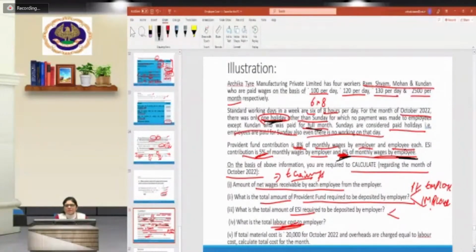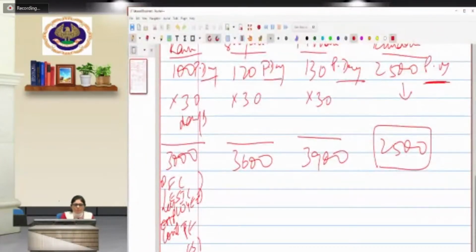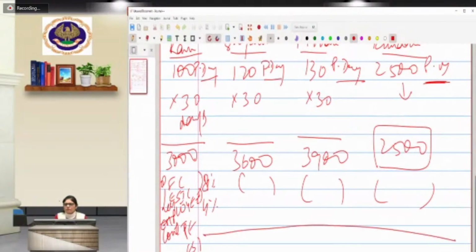So 8% and 4% of the monthly wages will be your contribution. So minus 8% of 3,000 and 4% of 3,000. So PF is 8% and ESI is 4%, the employee part. That you have to deduct to calculate the net salary. So this is how you have to do it. You can complete the question.